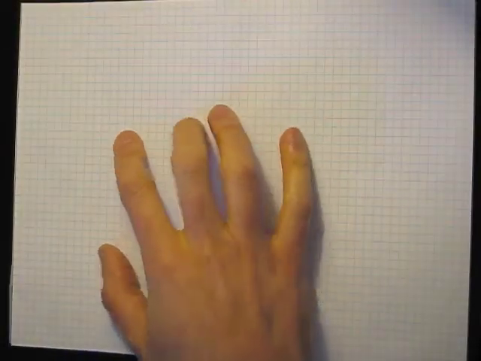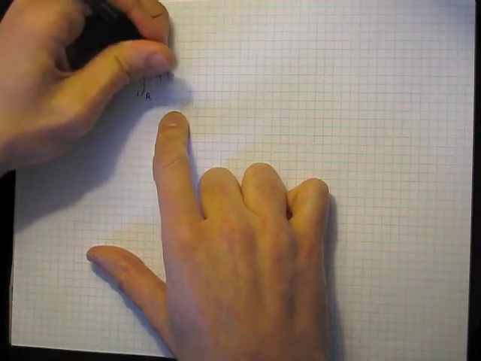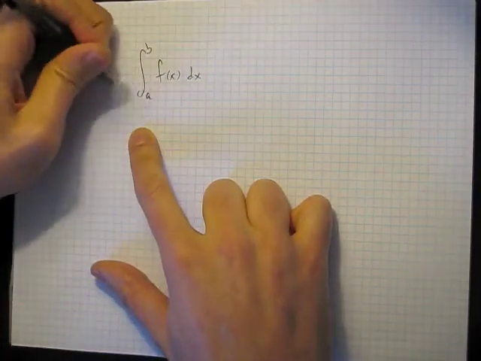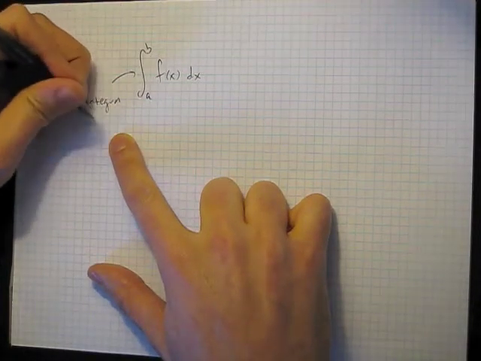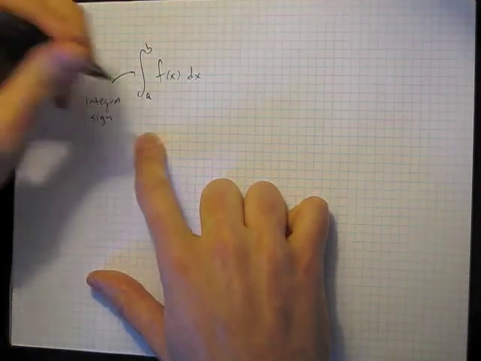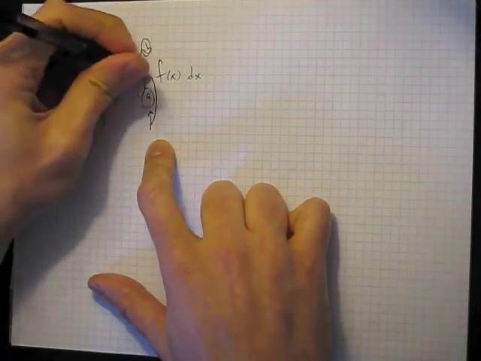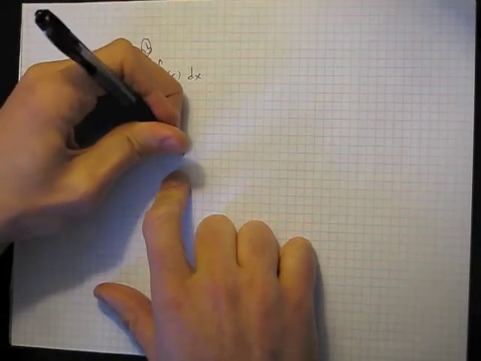Let's just quickly go through some notation here. This symbol right here is called the integral sign. A and b are called the limits of integration.